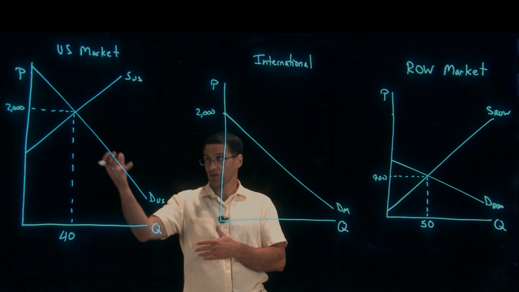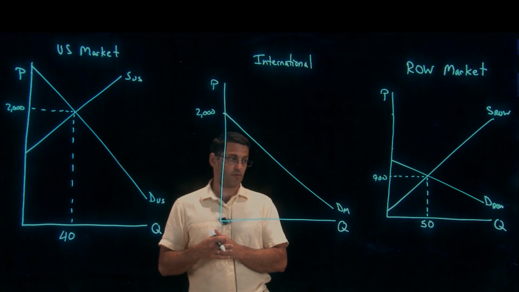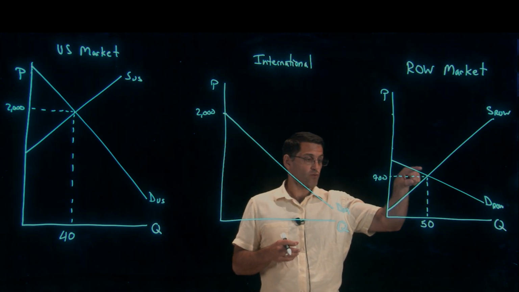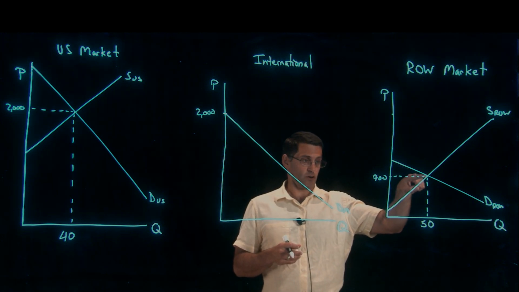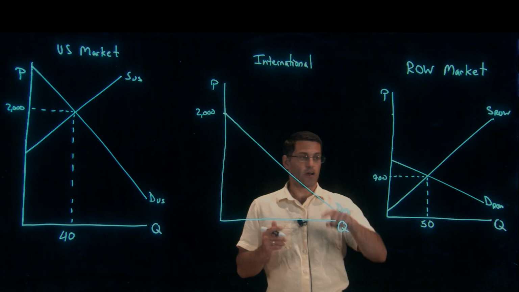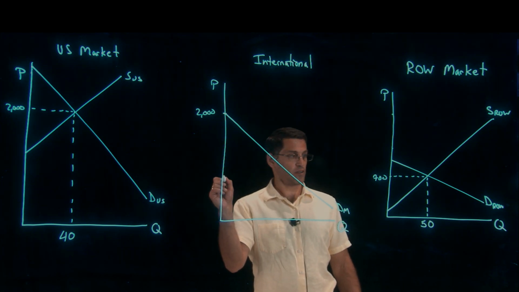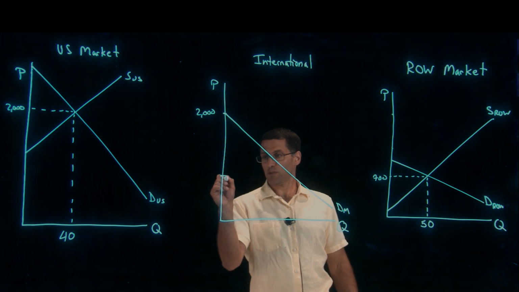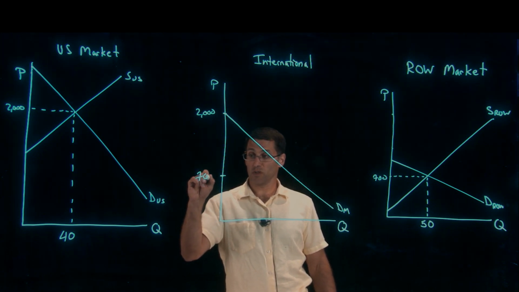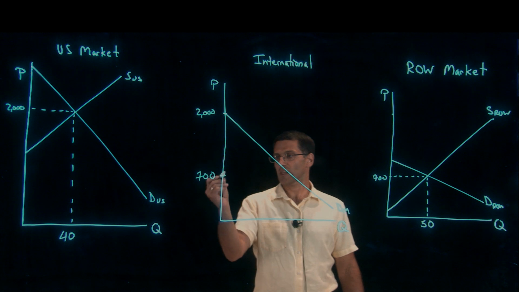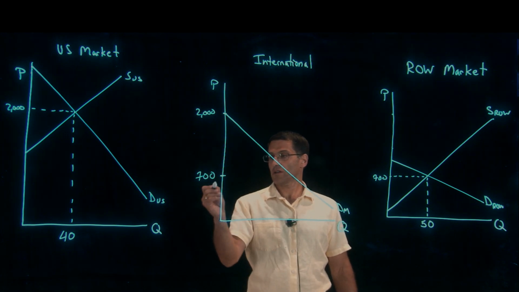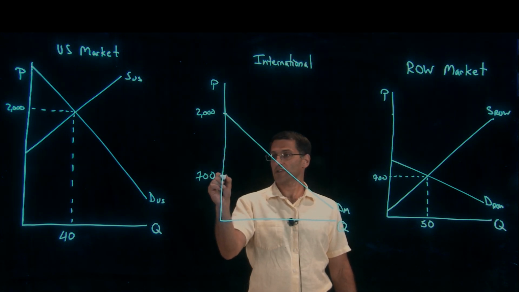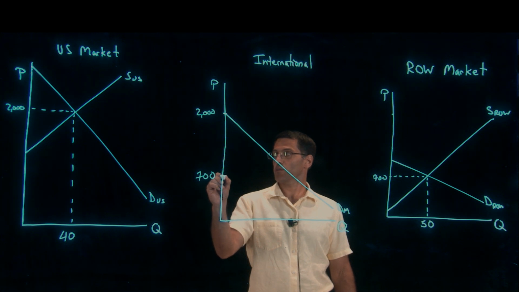And similarly to what we showed with the import demand function, ROW's export supply curve is going to start at their autarky price of 700. They're not going to export anything if the price is below 700. In that case, they would be importers. So our export supply curve starts at 700, and it'll be upward sloping from there.